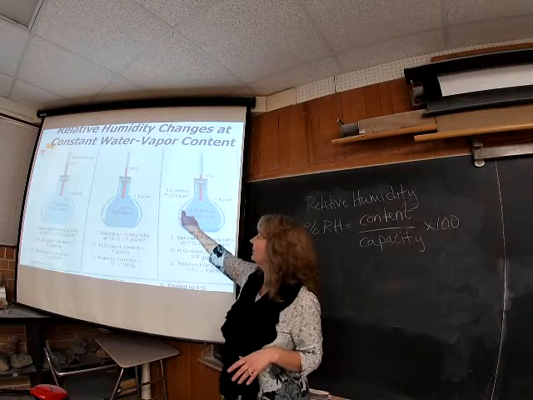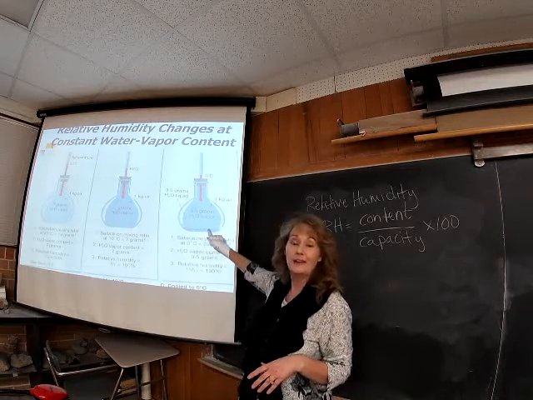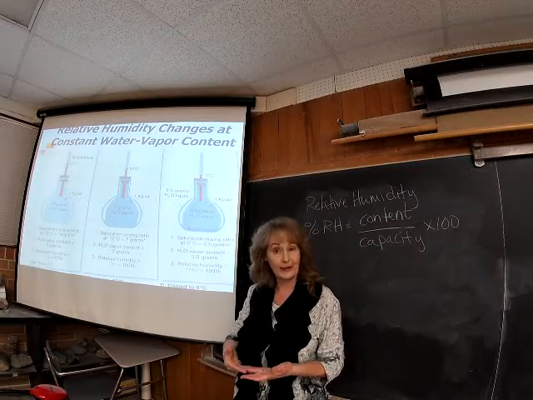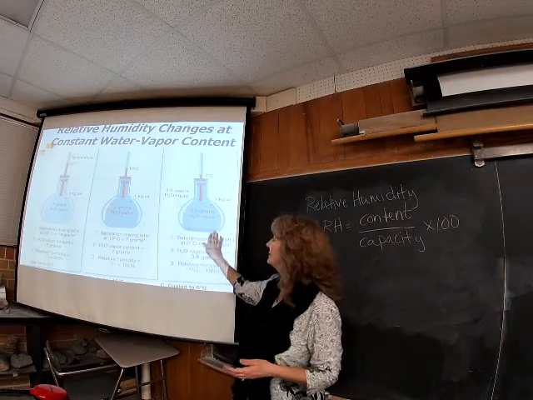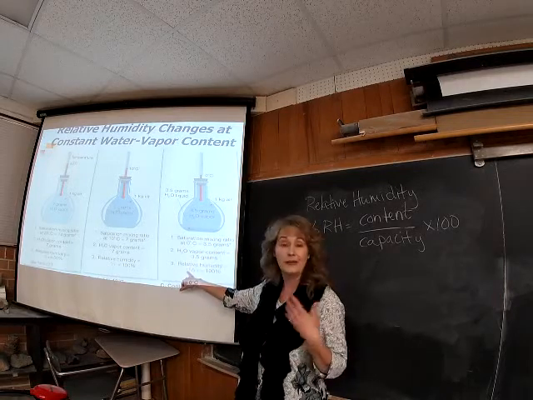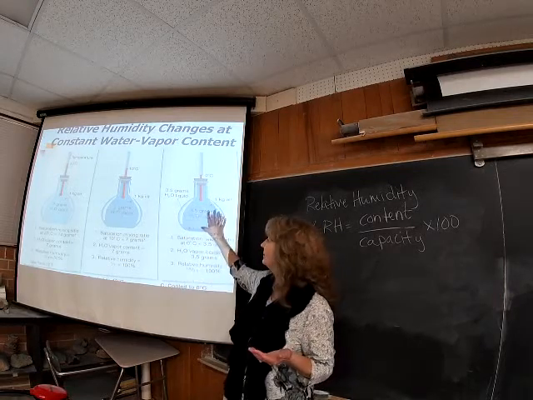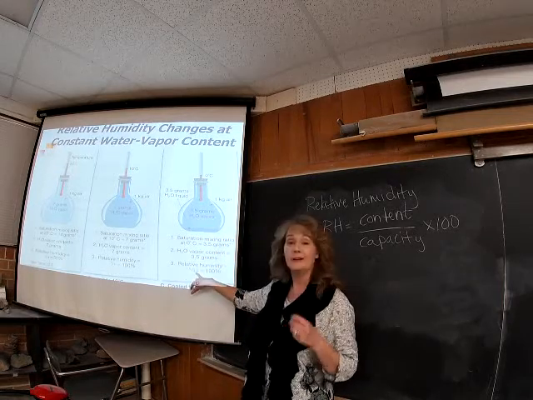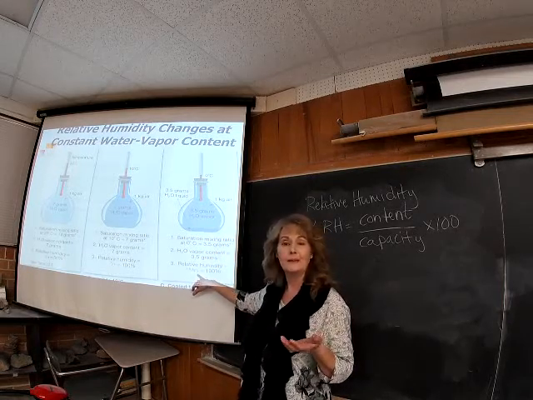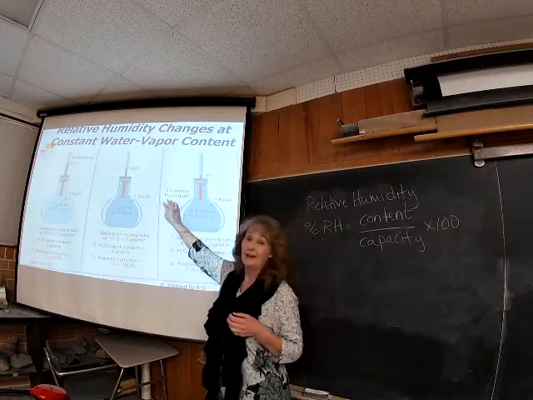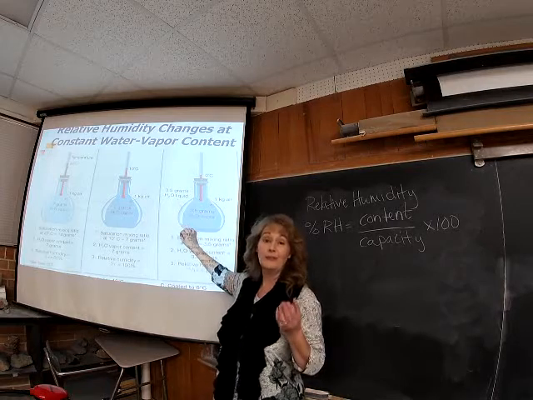But look here, you also are going to get 3.5 grams of that water vapor to condense out, so back to a liquid in the bottom of your flask. The relative humidity, of course, is going to be 100%. You've got the 3.5 grams of water vapor divided by the capacity, 3.5 grams. That's 100% relative humidity, but we condensed out 3.5 grams.